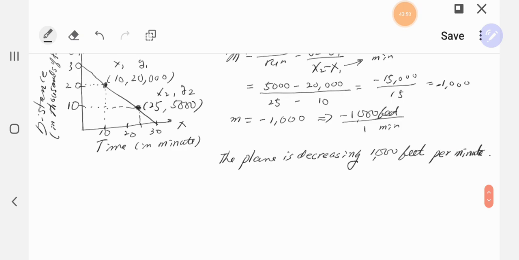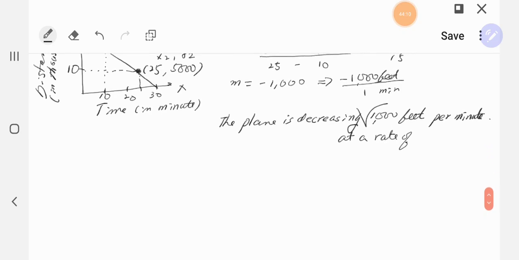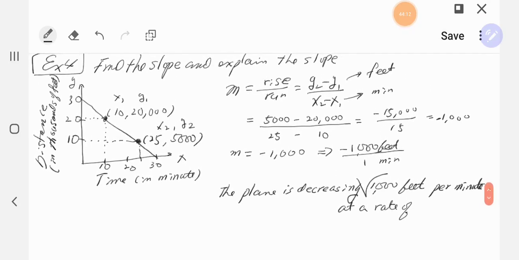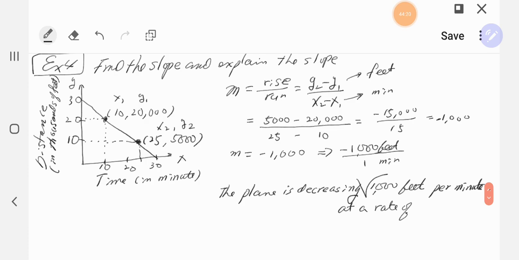Make sense? Okay, so the plane is decreasing at a rate of 1,000 feet per minute. So that's what this slope means. Rise over run. Rise has a unit, run has a unit. So the slope shows the number of rise changes in the number of run changes. Okay, let's try problem 5.